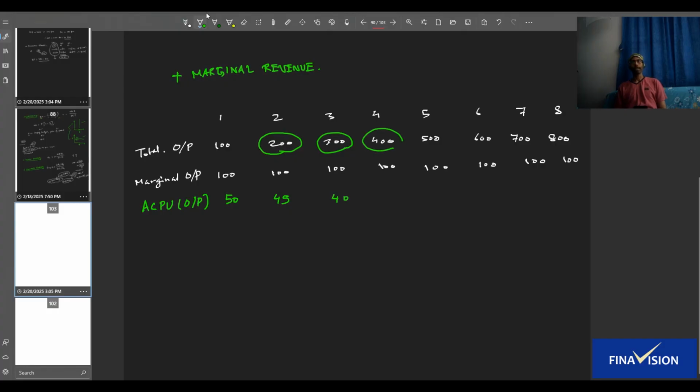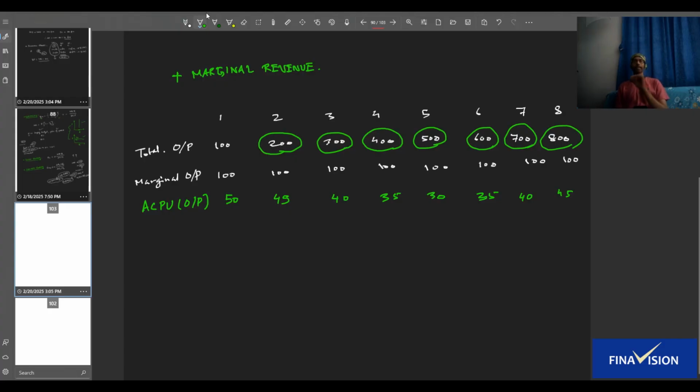For 400 units, let's say it is 35. For 500 units, let's say it is 30. For 600 units, let's say it's 35. For 700 units, let's say it is 40. And for 800 units, let's say it is 45.